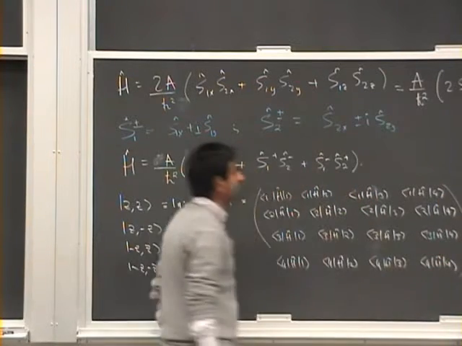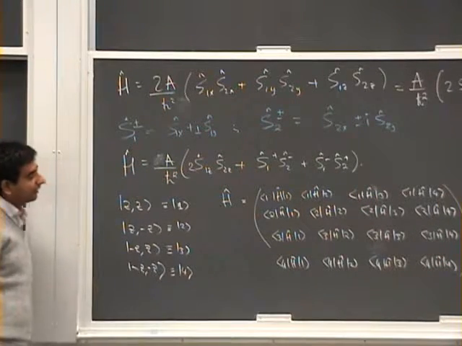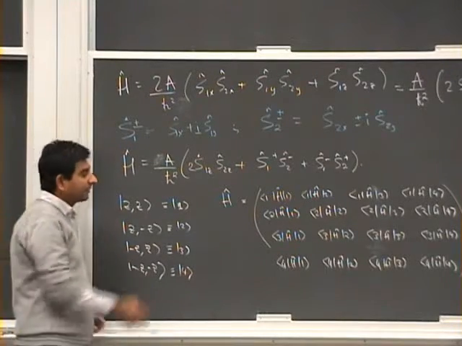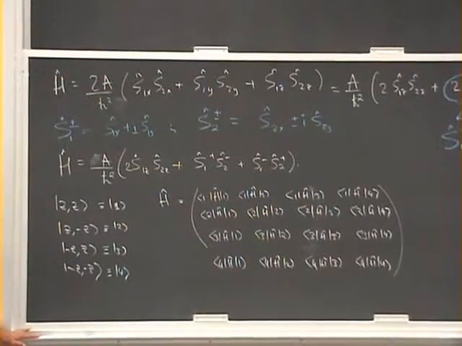So this is the Hamiltonian matrix in this basis. Now we have to find out the matrix elements, given this Hamiltonian.